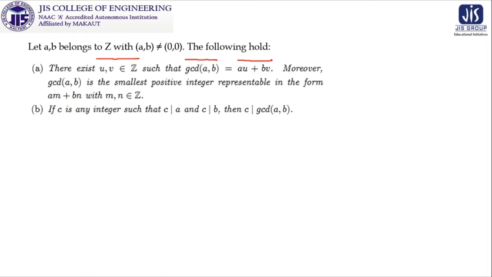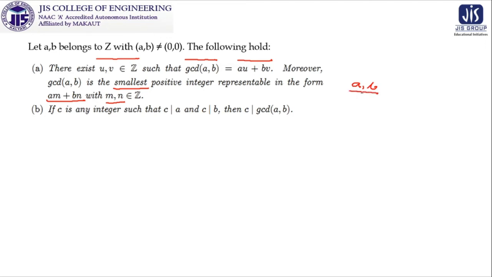So the GCD of a and b can be represented as au plus bv, but more importantly, the GCD of a and b is the smallest positive integer. Please concentrate on this term. It is the smallest positive integer representable in the form am plus nb with m, n in Z. When you take a and b and get m and n, then am plus nb creates positive integers, and among them the smallest one is the GCD.